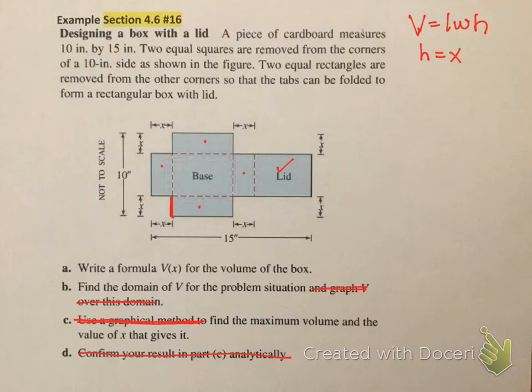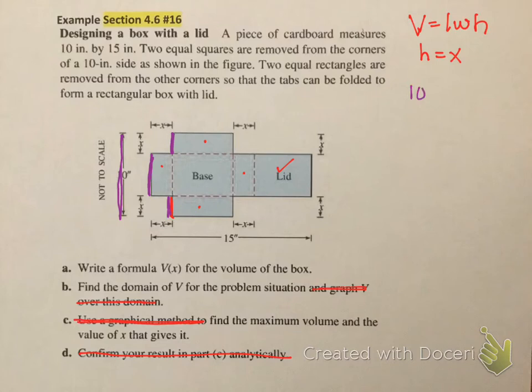Now let's pick a different color, and let's talk about this dimension right here, this 10 inches. Would you agree that it's made up of this length plus this length plus this length right here?